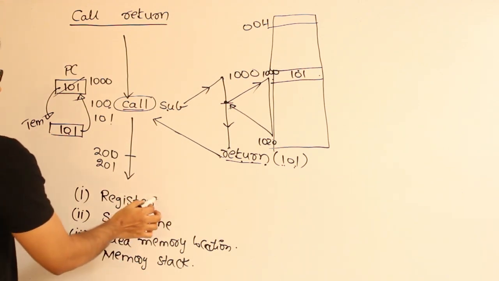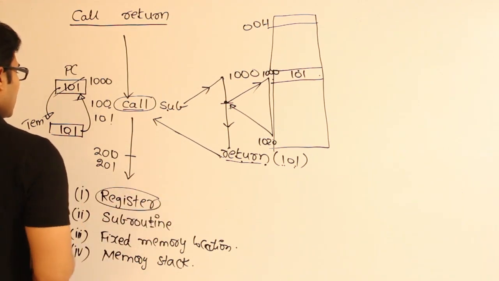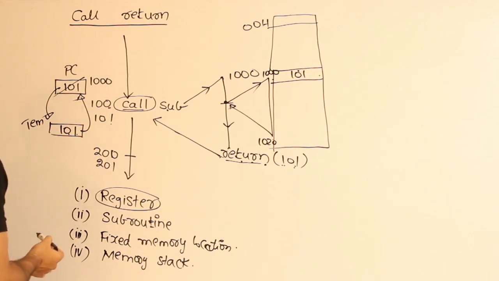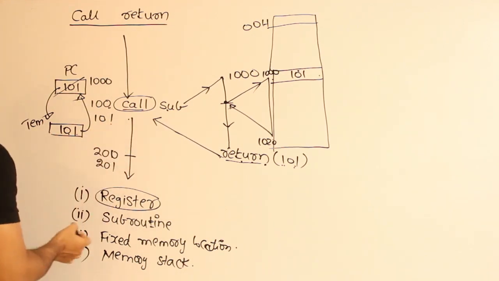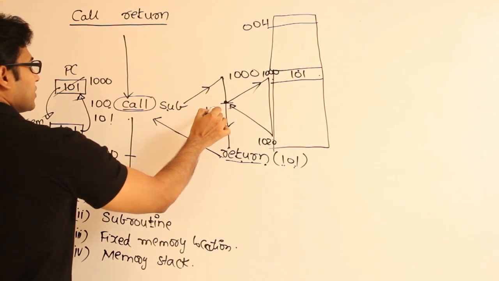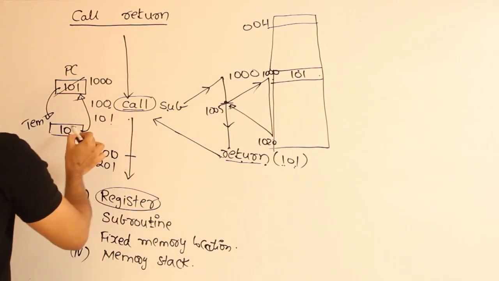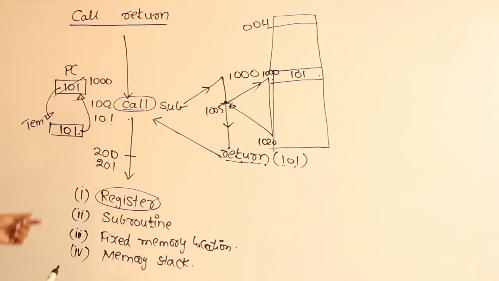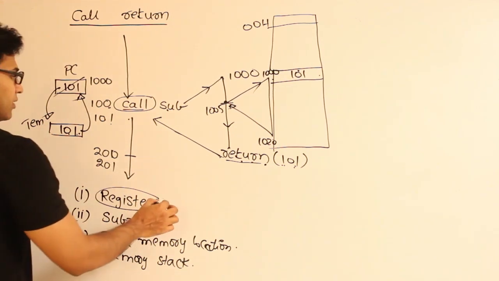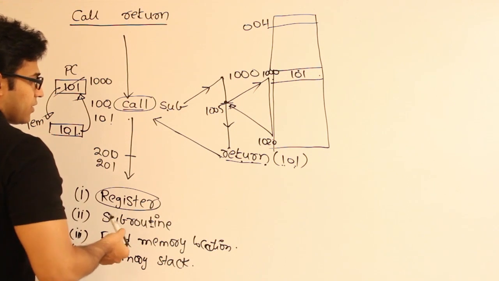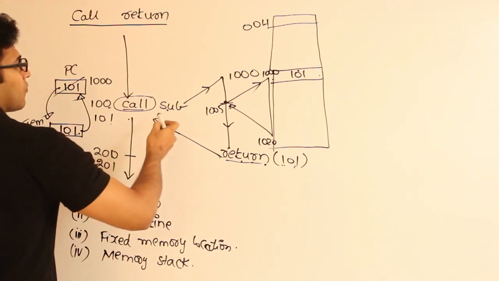In case you are using a single register, you have already stored in that single register the return address 101. Now you have to store this with, let us say, 1005, right? Now you have to save this return address also in this register, which means the old return address will be lost.